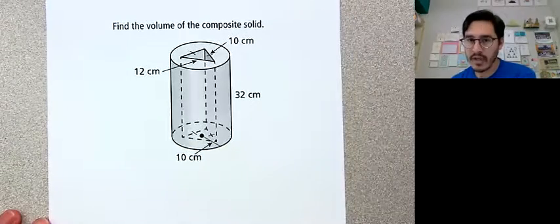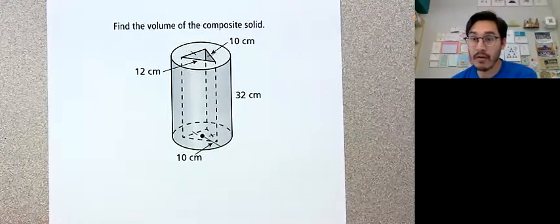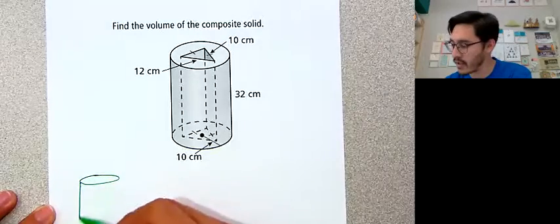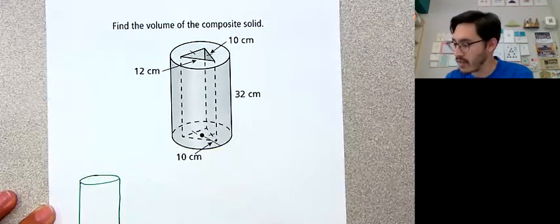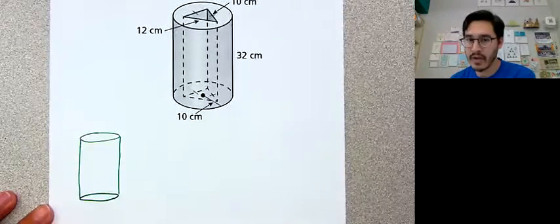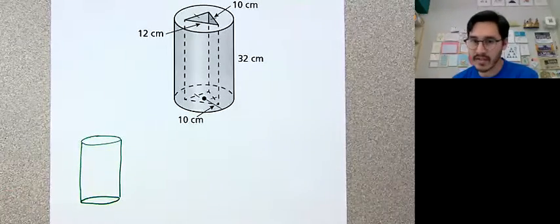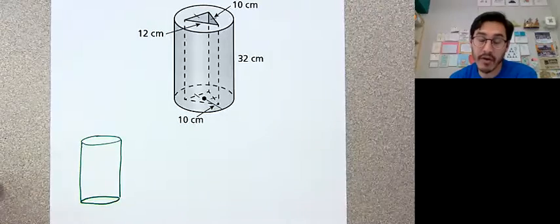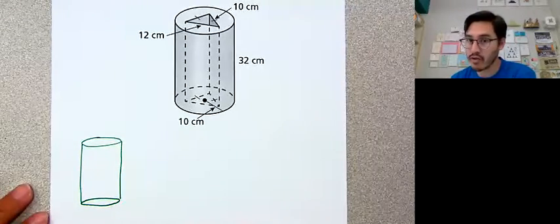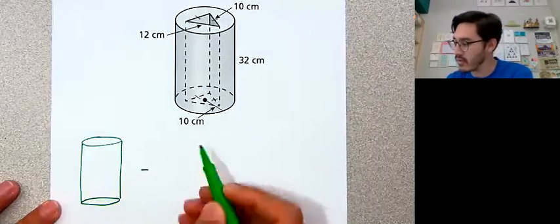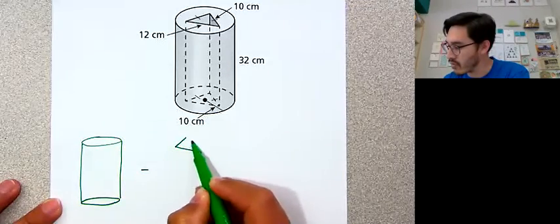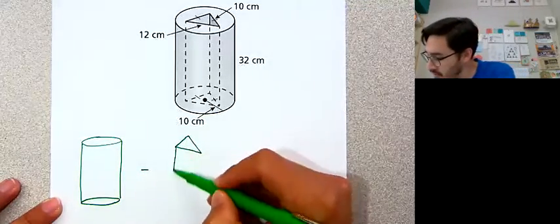If that triangle cutout wasn't there, we would have a full cylinder. And we've already done some examples where we find the volumes of cylinders. But that cutout does exist, so we're going to have to calculate the amount of space that was cut out, the amount of volume that was cut out in that triangular prism.